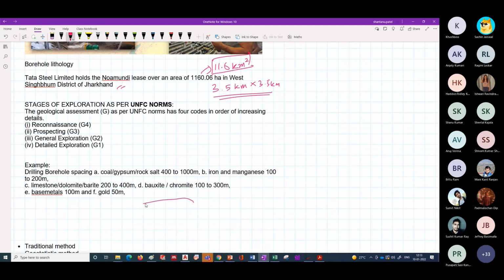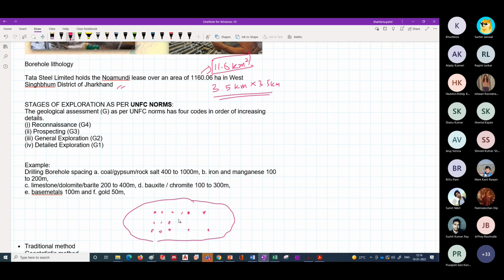Let's say this is the area where we have our bauxite deposit, and this is the 100 meter by 100 meter pattern grid we have made.